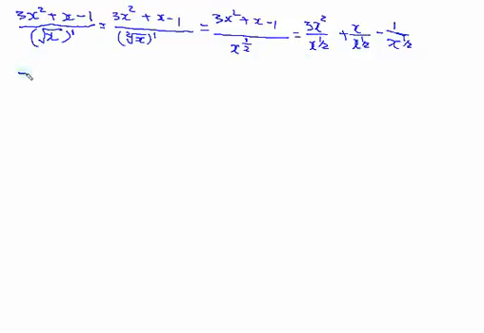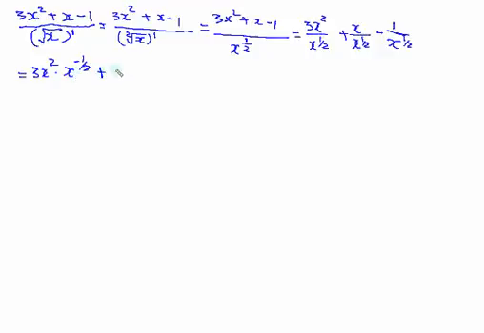Okay, now let's look at it this way. Using the law of indices, I'm going to bring this denominator up. So it's going to be x. But remember, when you change sign from denominator to numerator, you change the sign. From numerator to denominator, you also change the signs.